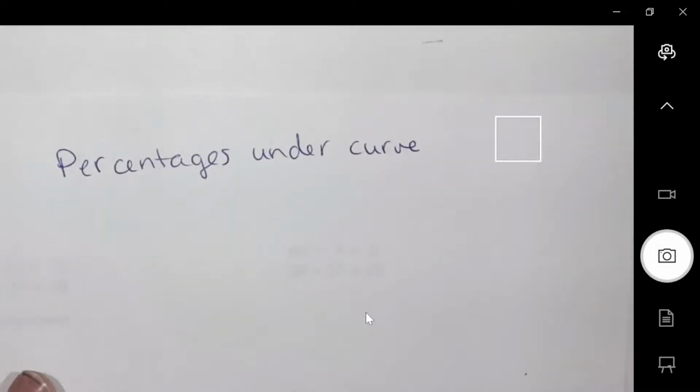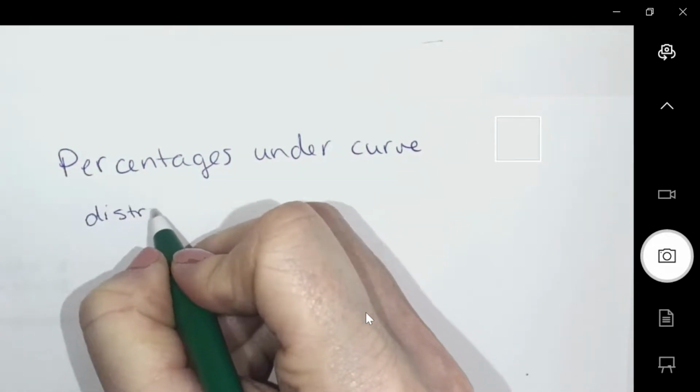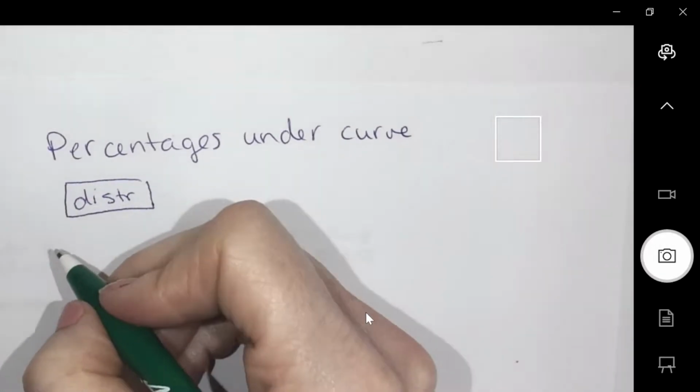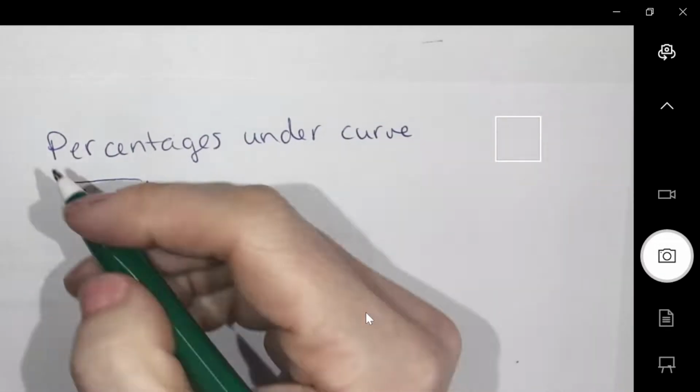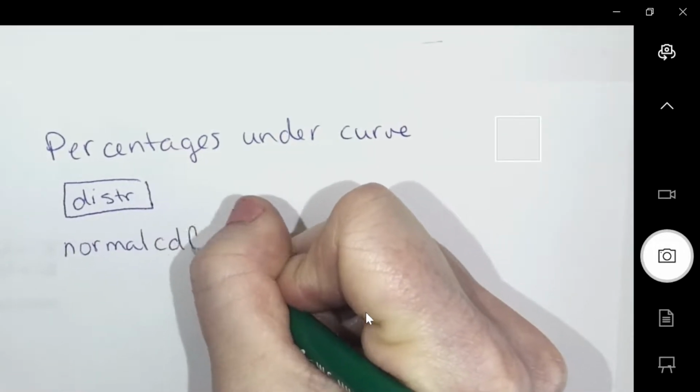And here's the buttons. I'm going to push the distribution button on my calculator. And then I'm going to be doing this feature called normal CDF.